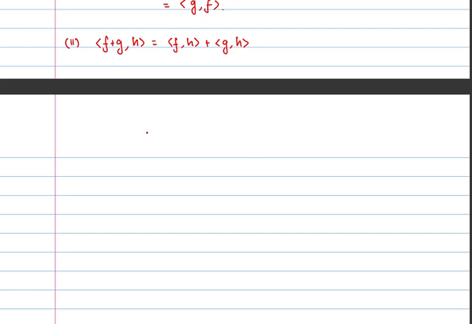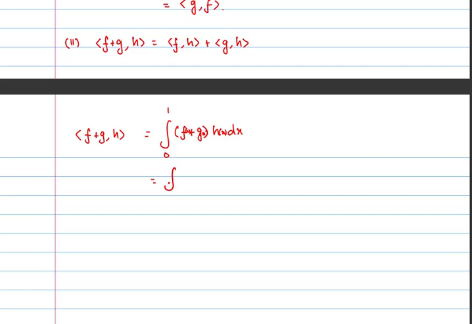Taking the left hand side, f plus g comma h is the integral over 0 to 1 of f plus g times h, where these are the functions f of x, g of x.